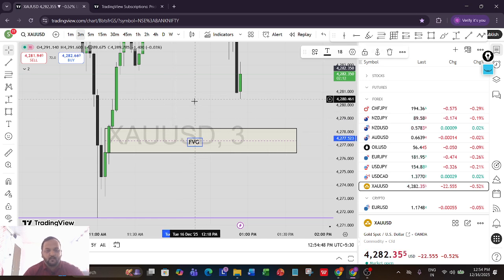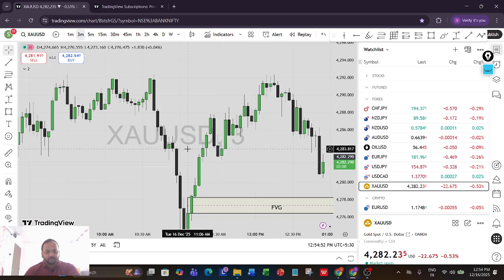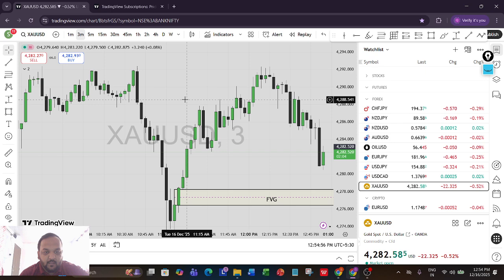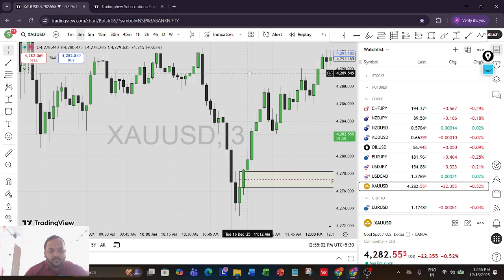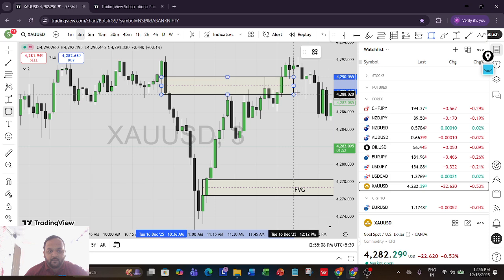Okay, so now we will see for bearish. As I told you, there would be any three candles, the color doesn't matter. So see, here is one fair value gap for bearish structure, that is the sell side.